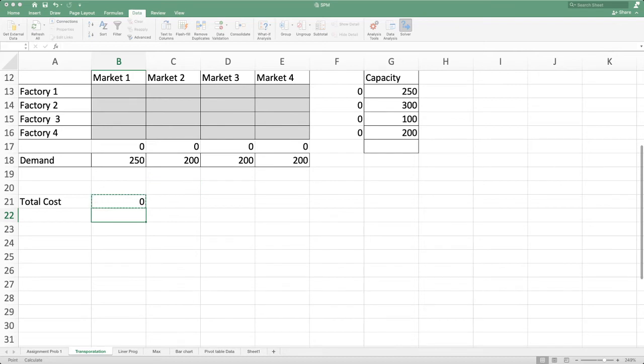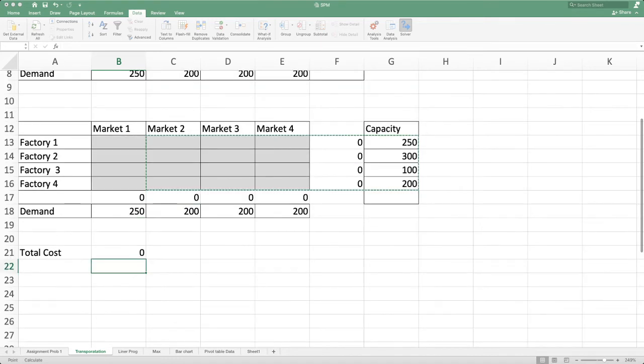So take this cell, B21, as our objective, then minimize it, because since it is a transportation problem, we have to minimize the cost. And the changing variable: we have to identify it. This is the changing variable, we also call it the decision variable.